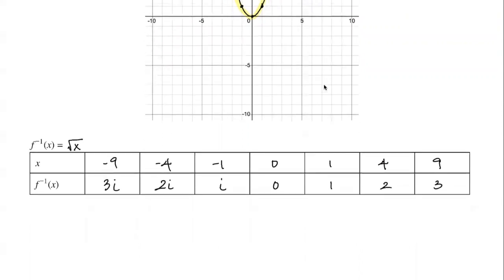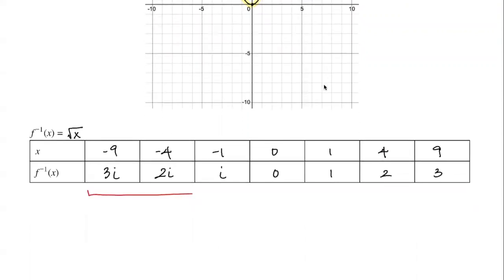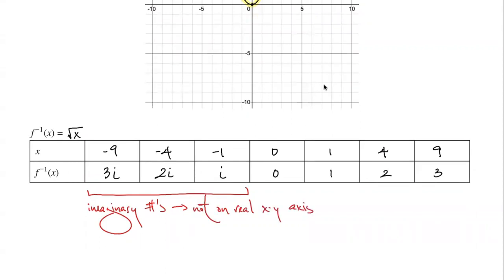But you know what, folks? For right now, these, my friends, are imaginary numbers. And so we don't see them, not on the real XY axis. All right, so those 3 points, we actually don't see them.